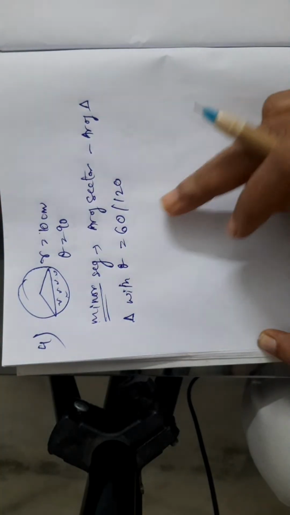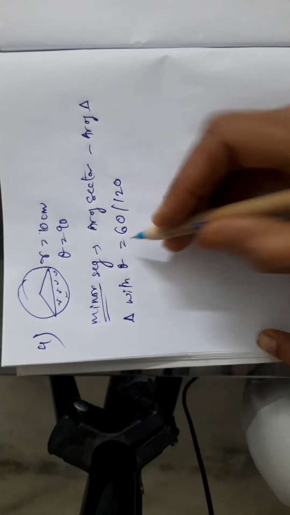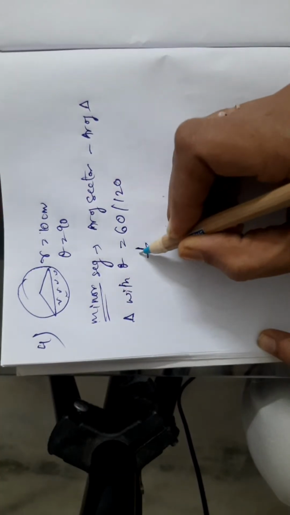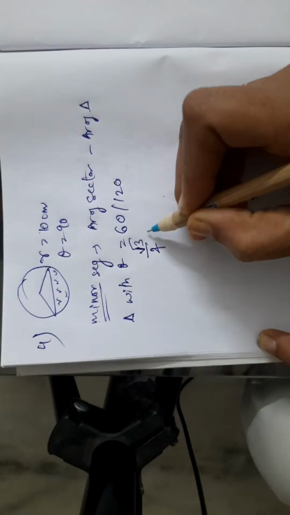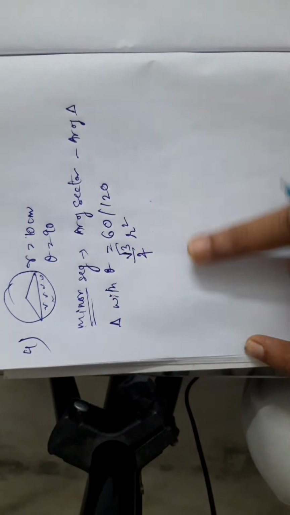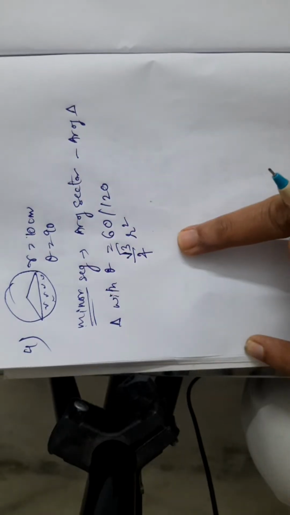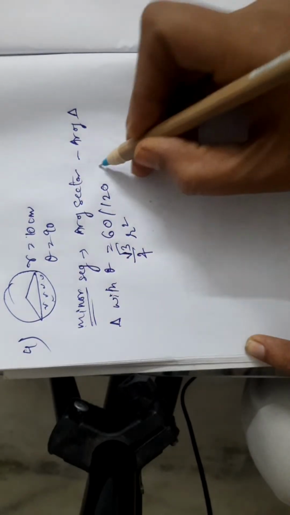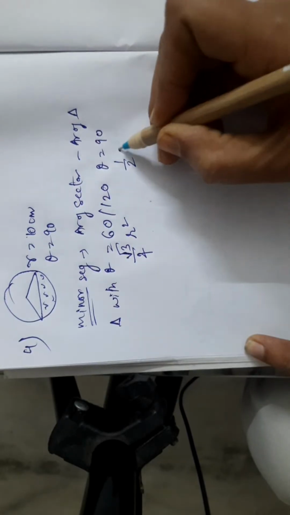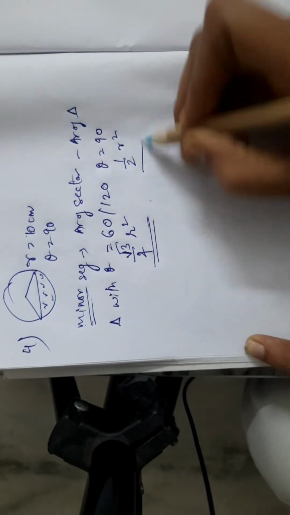When the value of theta is 60 or 120, we use the formula root 3 by 4 r square for the area of the triangle. If theta is 90, half r square. This you need to remember.